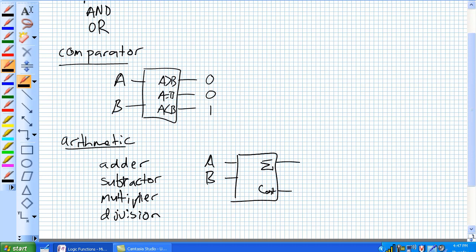Think about adding two numbers in our decimal system, just think 3 plus 9. Our answer is 12. Our sum would be 2, and our carry out would be 1. It's basically representing the next column over. That's what a carry out is. We'll go into these in a lot more detail later.